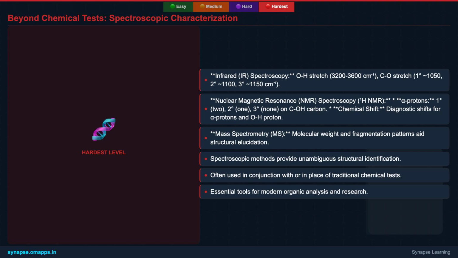For example, a primary alcohol will show a triplet for its 2 alpha protons if adjacent to a CH2, a secondary alcohol a sextet for its single alpha proton, and a tertiary alcohol no alpha protons at all. Mass spectrometry further aids in molecular weight determination and fragmentation analysis. Combining these techniques offers a comprehensive approach to alcohol characterization.